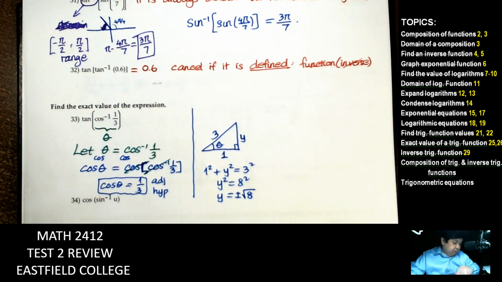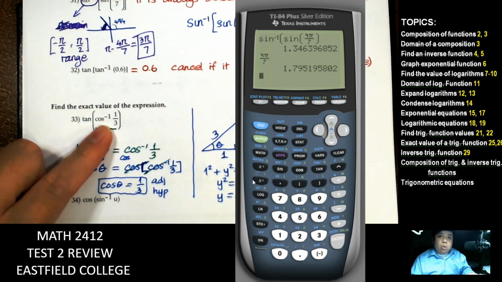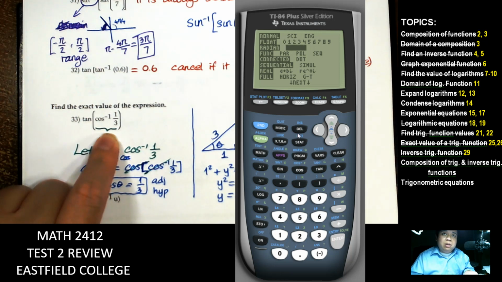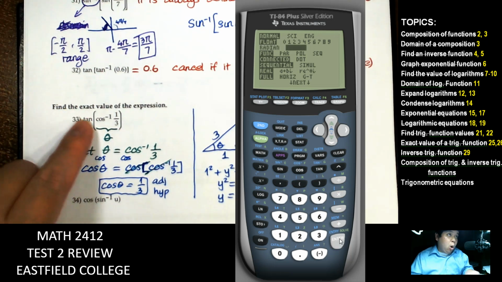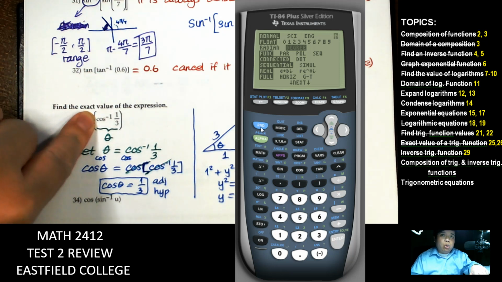Right, next, let's put it in the calculator and see what we have. What I'm trying to see is the cosine inverse. When we do the inverse by itself, it's better to keep it in degree mode. If we want to do the whole thing, radian mode, but if we only do the inverse, I will keep it in degree mode.